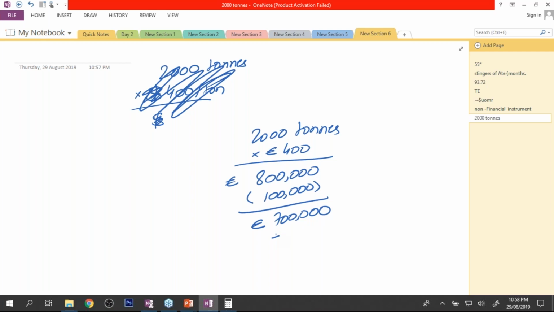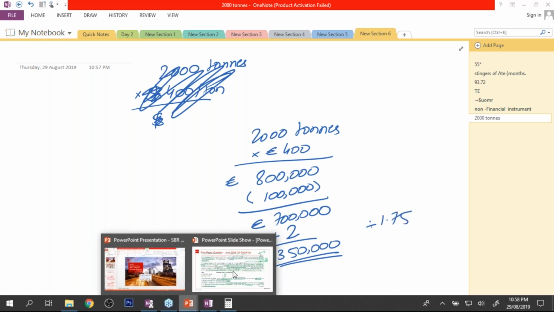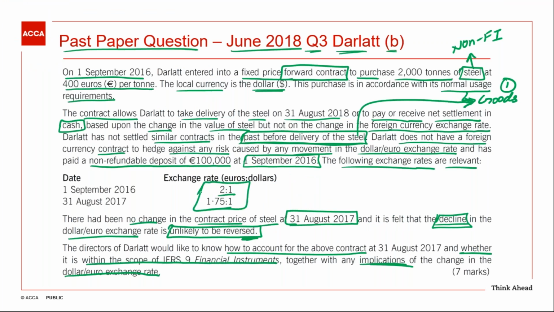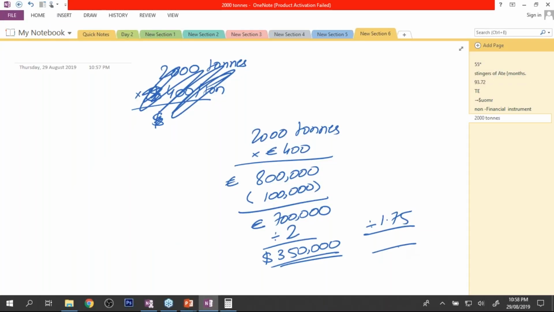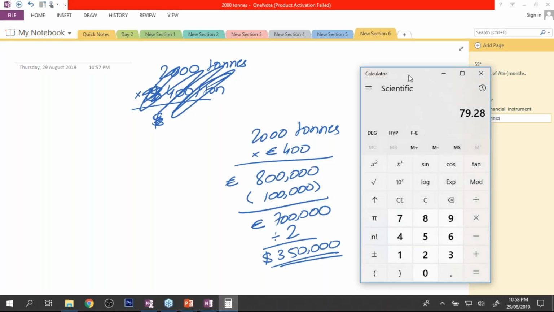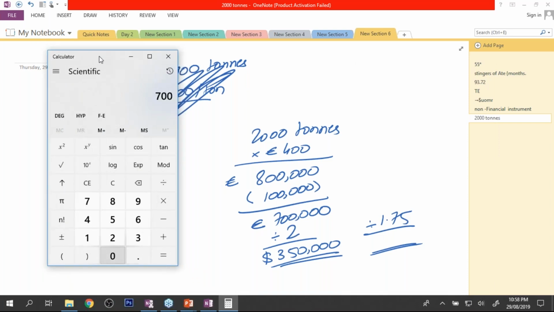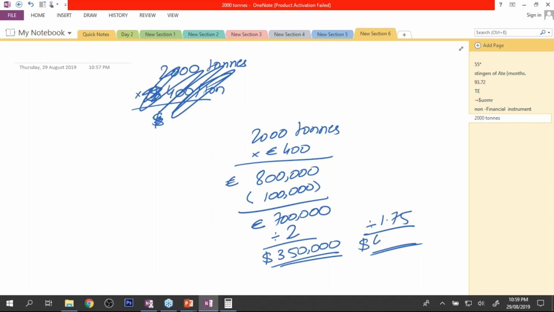Now the rate was originally how much? 2 euros per dollar. So in terms of dollars, my liability was $350,000. But now the rate has changed to 1.75 according to the question. So if we divide 700,000 by 1.75, it is going to be $400,000.